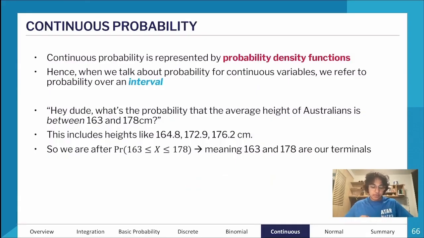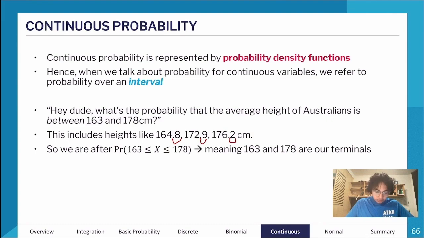We generally represent continuous probability by what's known as a probability density function, or a PDF. When we talk about continuous variables, we refer to them over an interval rather than a particular case. So we ask, what's the probability that someone is between 163 and 178, because that includes point heights like 0.9, 0.2.